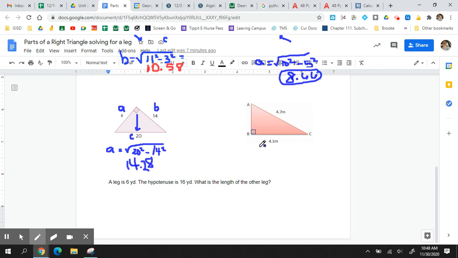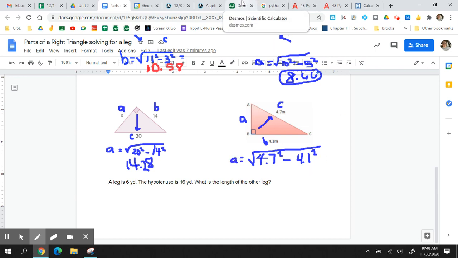On this one, it kind of leaves you a blank over here, but remember, we're going to look for this. So I'm going to say that this is my A, and maybe this is my B, and this is my C, because it's directly across from my right angle. So if I'm looking here, I'm going to have 4.7 squared minus 4.1 squared, C squared minus B squared, all under that square root sign, because I'm looking for that leg.